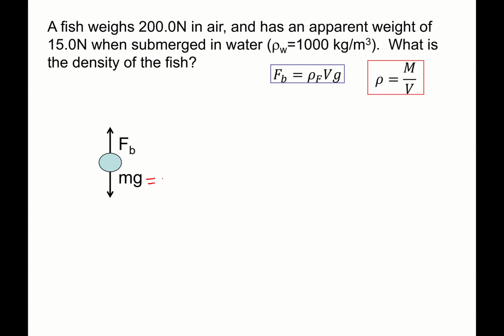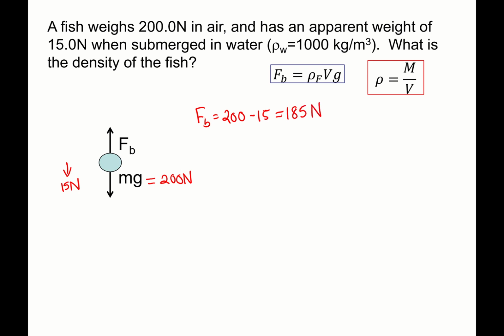So if we look at the picture, the weight downwards, mg, is 200 newtons, and the net weight when the buoyant force is subtracted is 15 newtons. So I know that the buoyant force is going to be 15 newtons less than 200, or 185 newtons.